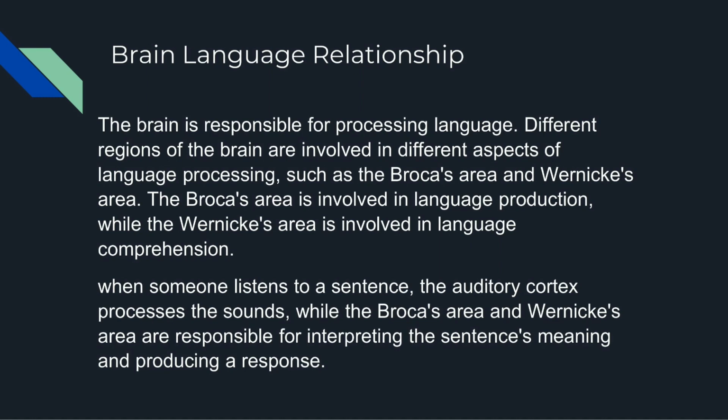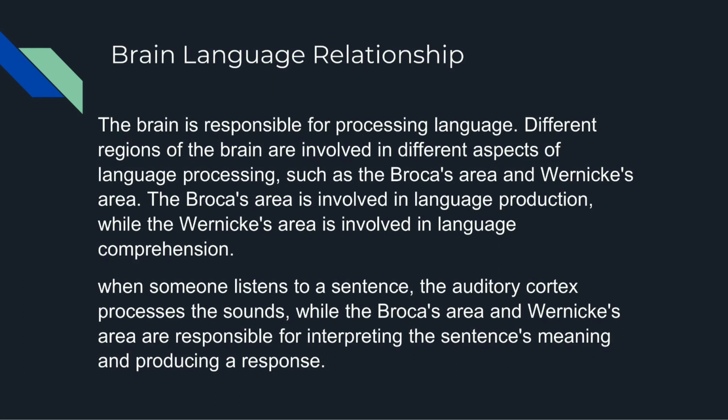So what is the brain-language relationship that psycholinguistics deals with? The brain is responsible for processing the language and acquiring the language. Different regions of the brain are involved in different aspects of language processing, such as Broca's area and Wernicke's area. Broca's area is particularly for production of language, and Wernicke's area is for language comprehension.